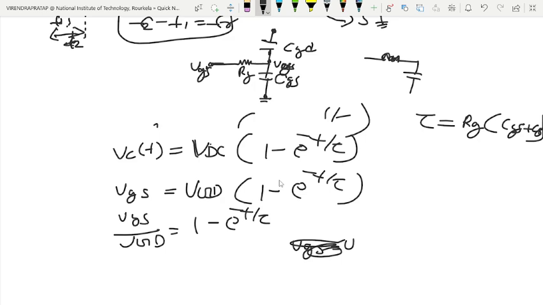I am writing here t is equal to RG times C total, suppose that I am taking C total is equal to CGS plus CGD. Otherwise, we can say CISS, the input capacitor.